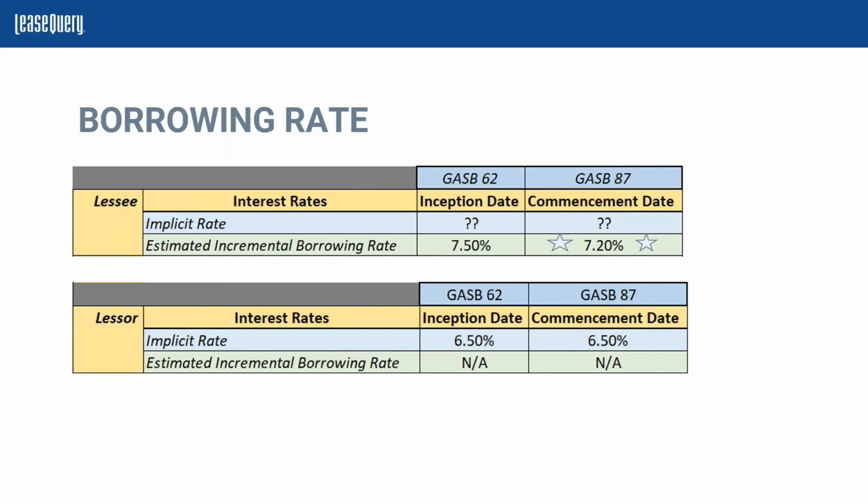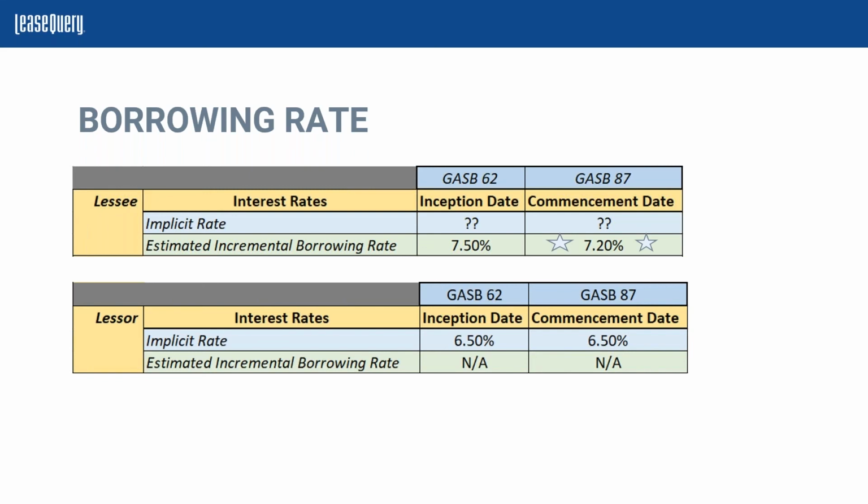Additionally, with evaluating the implicit rate, the lessor has to consider the market value of the asset, which may be different than the market value of the right to use the asset. So both of those can be different, the actual value of the asset and the right to use that asset. If these values are different, then you should use professional judgment to estimate the value.